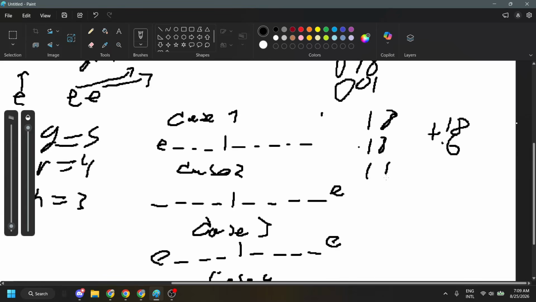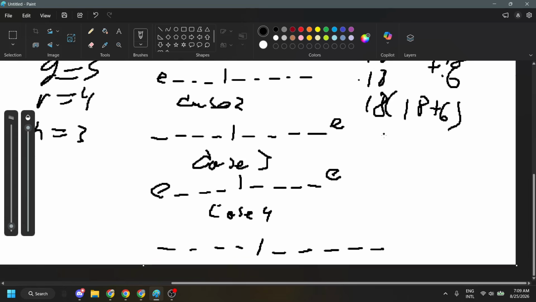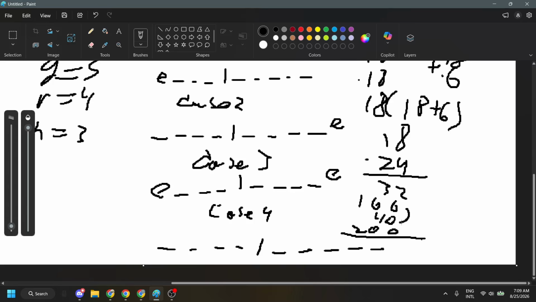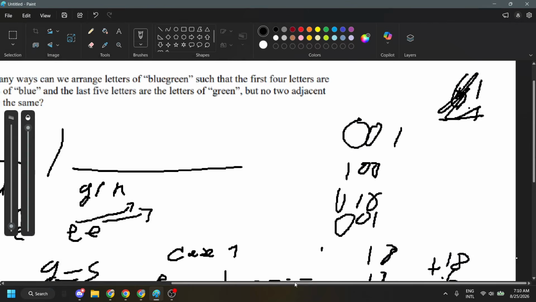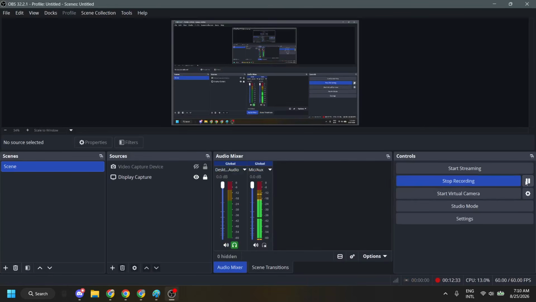So this is going to be 18, I just factored this out, 18 times 18 plus 6, which is 24, 18 times 24, 32, 160, 40, and 200. We get 432. That should be my final answer. Let me check. Oh wait, is that what it's asking me for? Yeah, okay, 432.